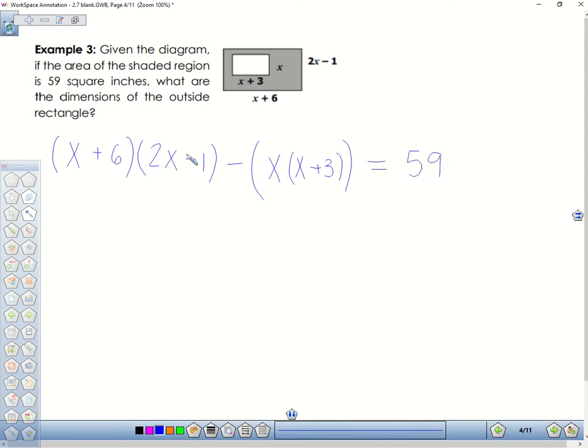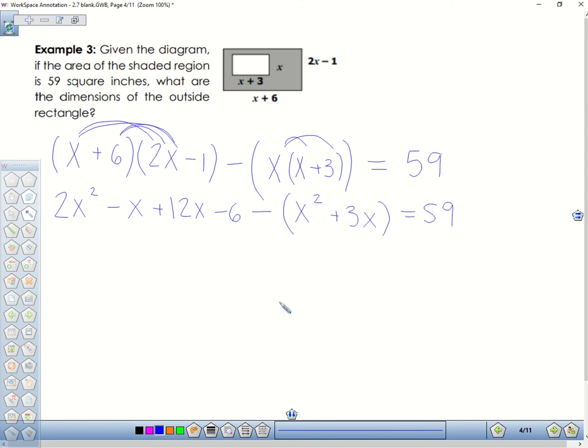So we represented the shaded region in terms of the variables, and now we can actually compute. So the first thing I'm going to do right here is FOIL. So this becomes 2x squared minus x plus 12x minus 6. And then this is minus, and then I'm going to distribute on the inside here, x squared plus 3x equals 59.